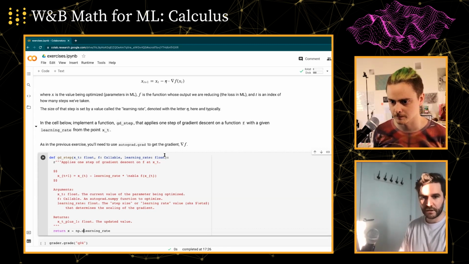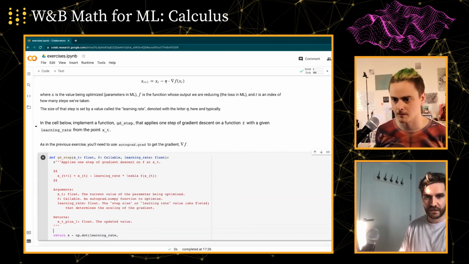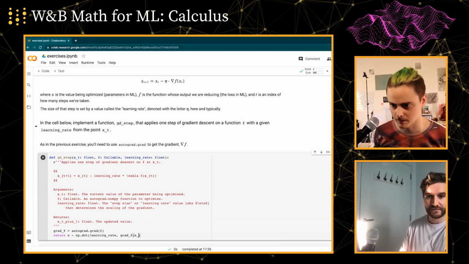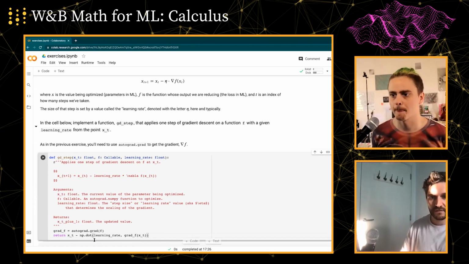We'll go with np.dot, and my function, we haven't actually calculated my gradient, but we can do grad f equals autograd.grad of f. And then we have this grad f. We can evaluate that at my given xt. Oh, I realize I've called this x and it should be xt. And that will give us our new value of x with this learning rate.